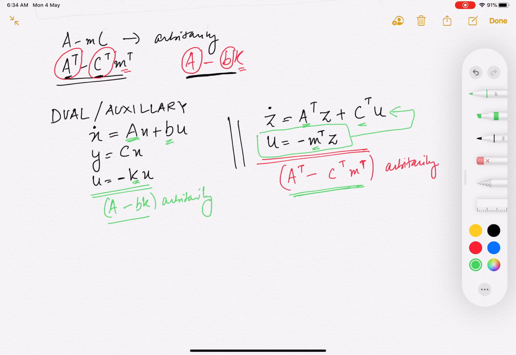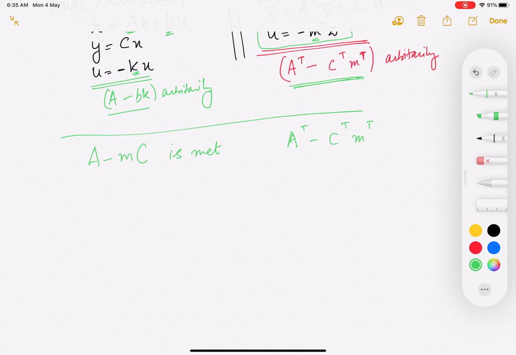This automatically ensures that your actual objective of arbitrarily placing the poles of A minus MC is met, because placing the poles of A minus MC is equivalent to placing the poles of A transpose minus C transpose M transpose.